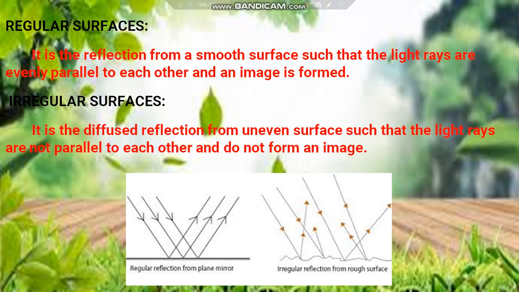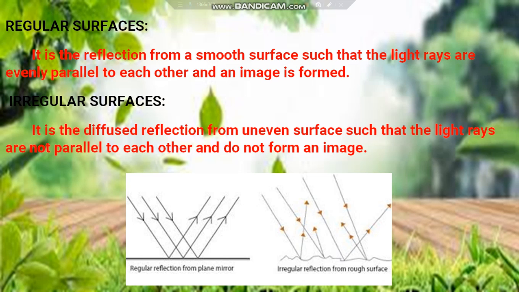In the figure showing regular reflection, it is occurring from the plane mirror and the surface is very smooth. Whereas in the figure showing irregular reflection, you can clearly understand what is meant by an irregular surface, which can also be called a rough surface.